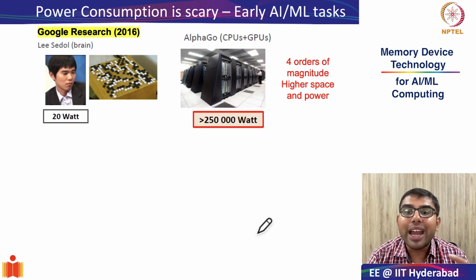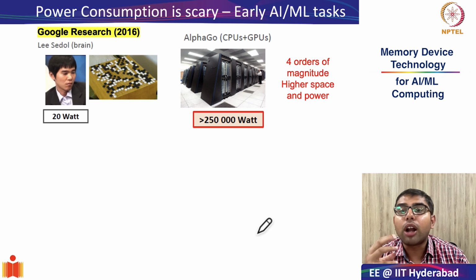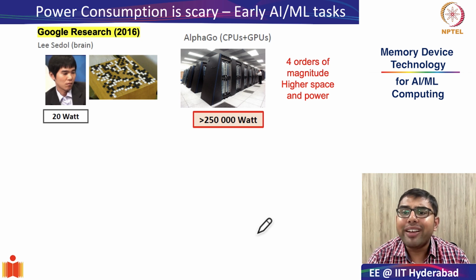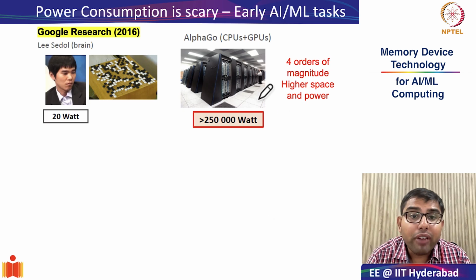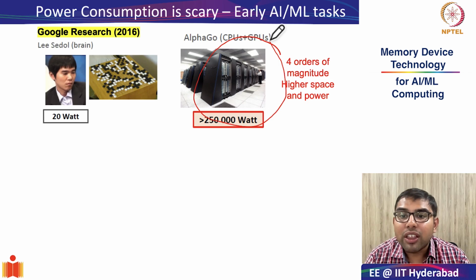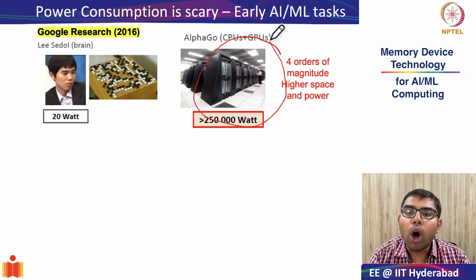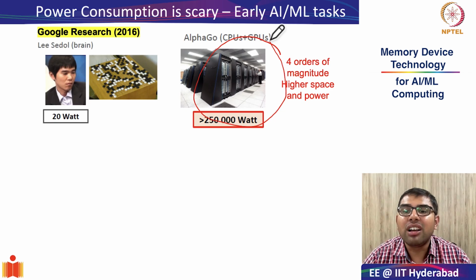While the human brain works at around 20 watts of power, which is roughly the same as a dim light bulb, it is capable of incredibly complex reasoning, intuition, and strategy. On the other hand, when we look at AlphaGo, we see that it relies on heavy-duty CPUs and GPUs running in a massive data center.